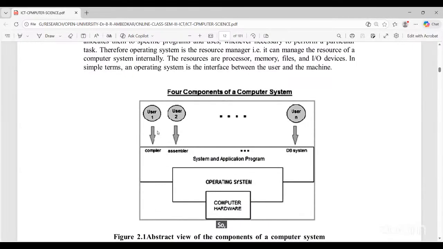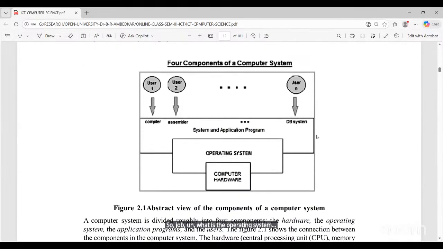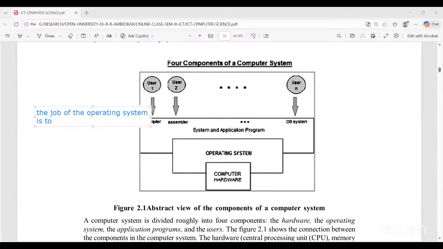So what is the job of the operating system software? It gives the environment, you can say a base platform.